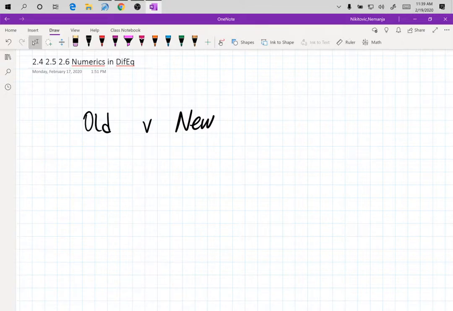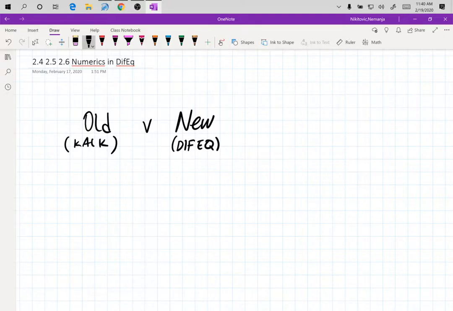Meaning old is calc, and new being differential equations. The first difference, which I asked you before, and you answered correctly, was that in calculus, all numerical methods we did gave us a single number answer.